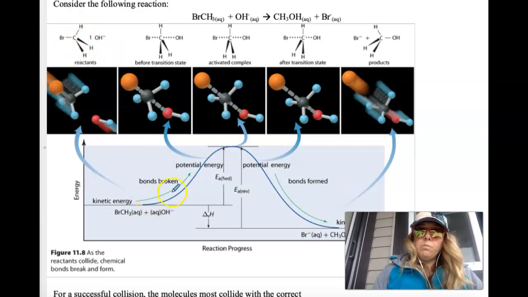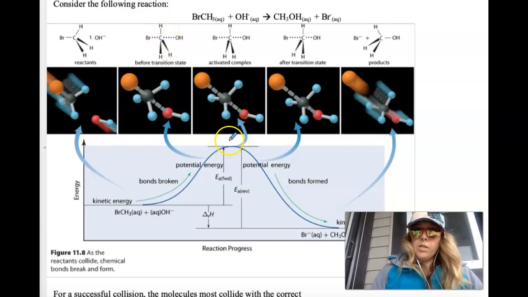As we start to move up this activation energy barrier, we find that our bonds are slowly going to start to break. So this carbon to bromine bond is going to start to weaken, and this hydroxide is going to start to form a really weak attraction towards that carbon.